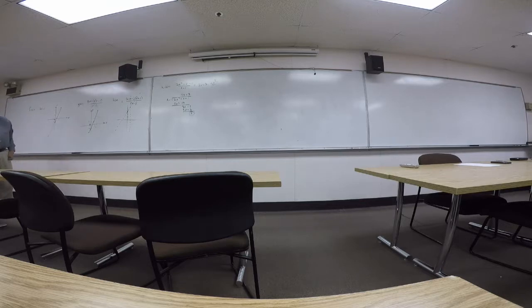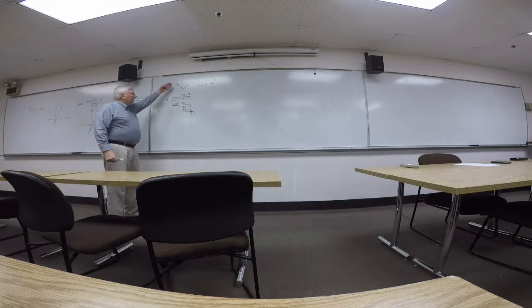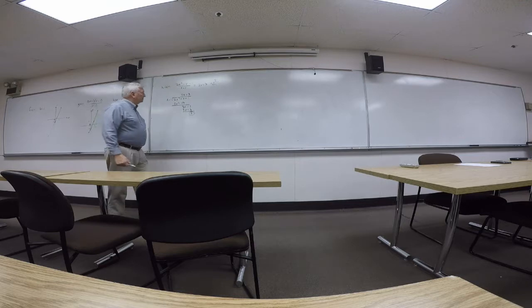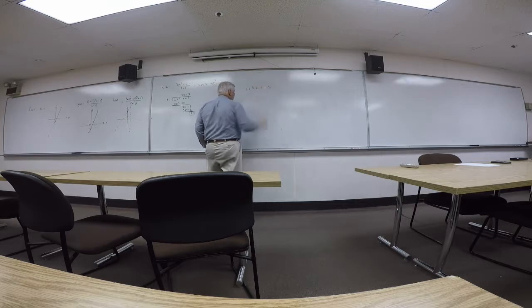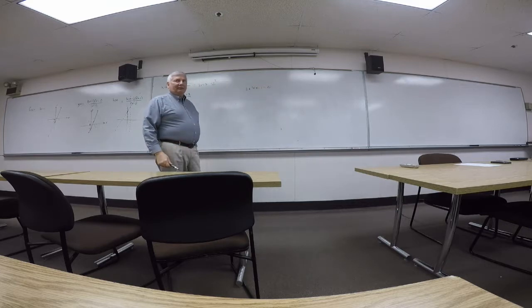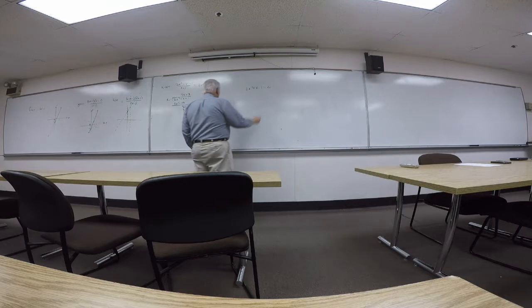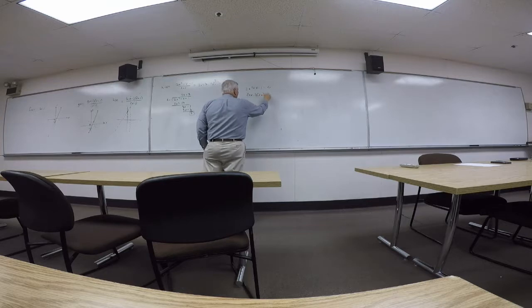And if we examine the equation a little bit, does this have any zeros? Let's just look at the numerator. 2x squared plus x minus 1 equals 0. Does it factor? Sure, it factors as 2x minus 1 times x plus 1.